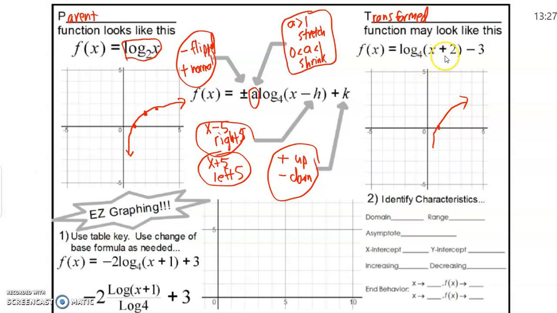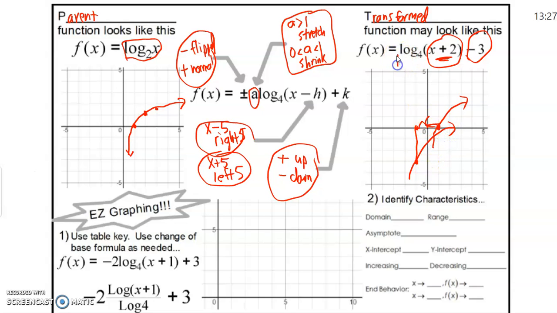Well, this transformed one, look at here, x plus 2, so it's going to shift to the left by 2 units. So this one's going to go 1, 2, and end up over here. This minus 3 that's on the outside, not part of the log argument, is going to make it shift down 3. So this point is going to be way over here, over 2, and down 3. So this graph is going to look something like this.